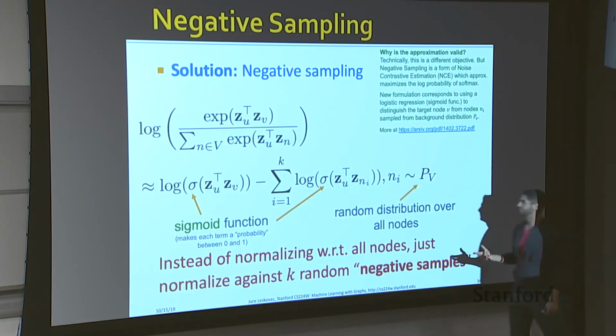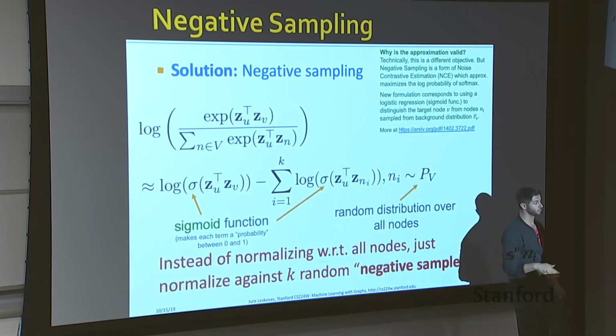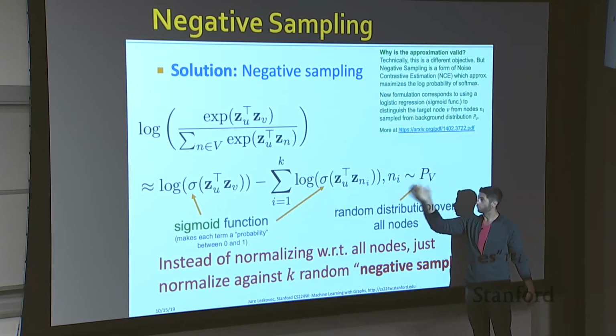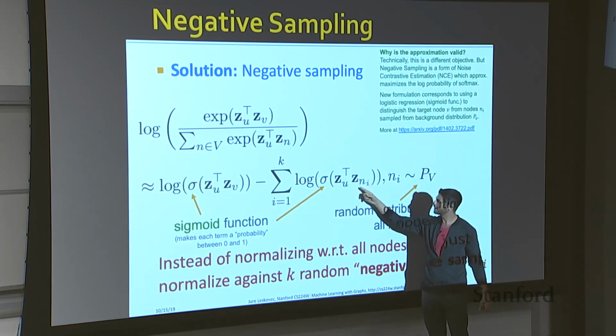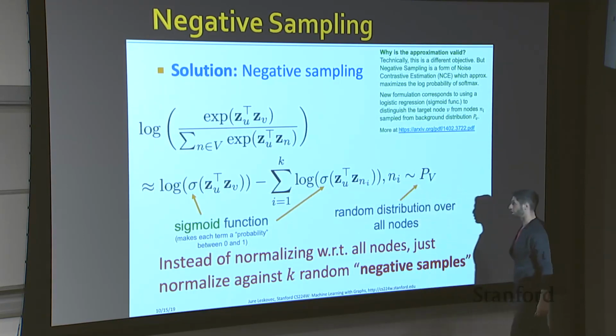And hopefully, the expectation is that the similarity with these random nodes will be much lower, okay? And keep in mind that this random distribution is over all the nodes, so sometimes in your negative sample, you might actually find the same node that is in your neighborhood, okay? It doesn't really affect the final outcome.